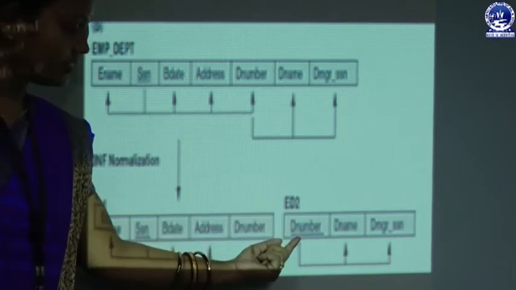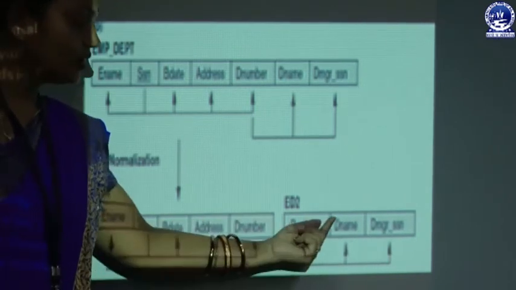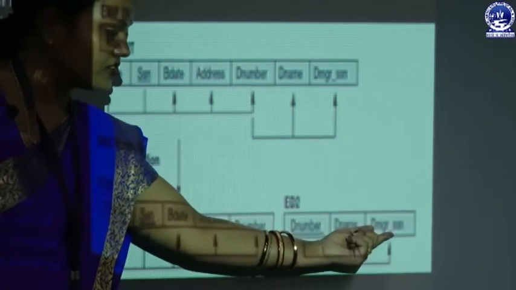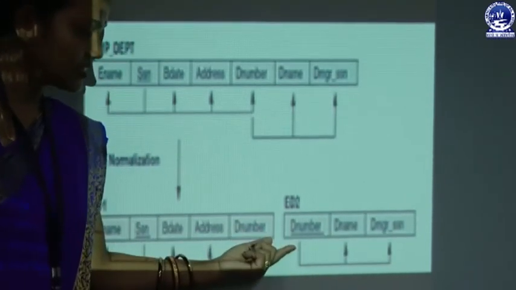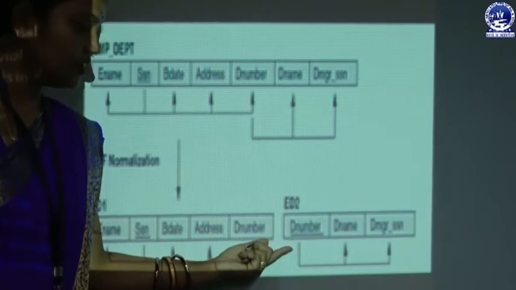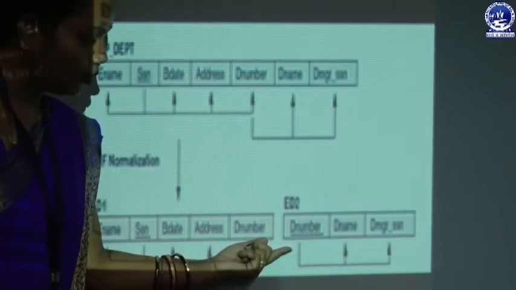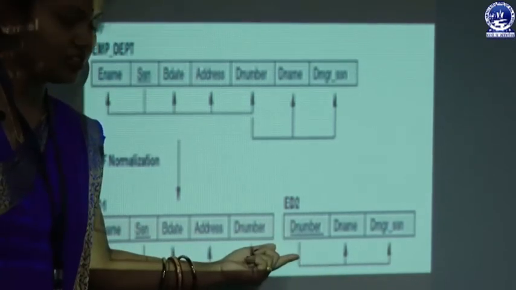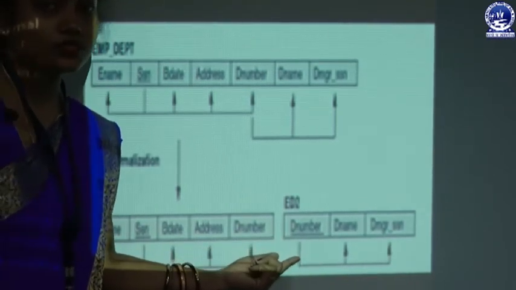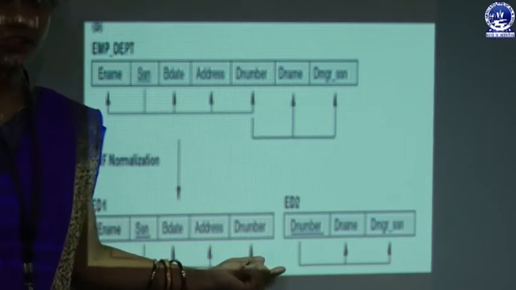Similarly, in ED2 the key attribute is Dnumber, and the non-key attributes Dname and Dmanager SSN depend upon Dnumber, and in this case the transitive dependency does not hold. So, this relation is in second NF and, as the transitive dependency does not hold, this relation is also in third NF.